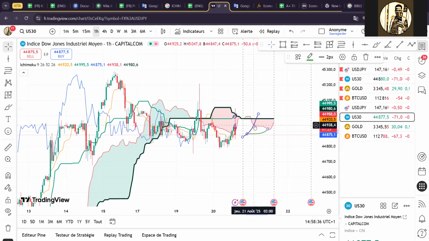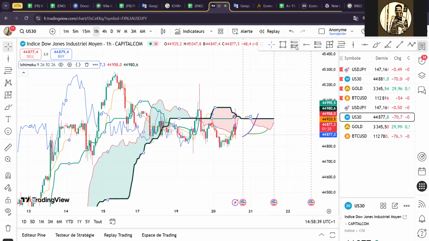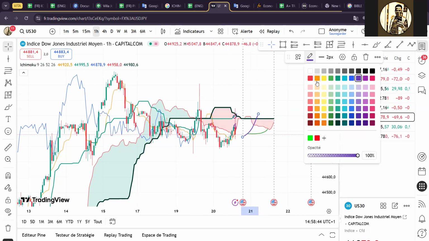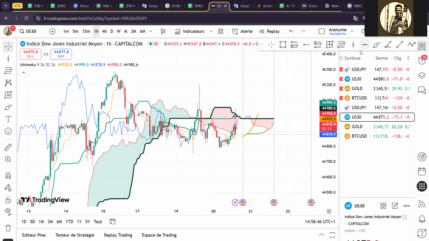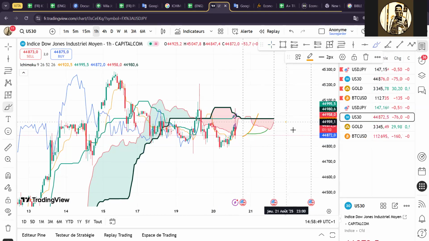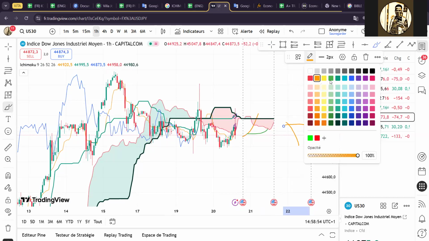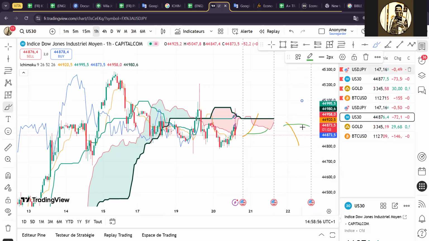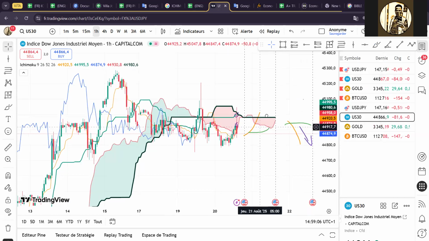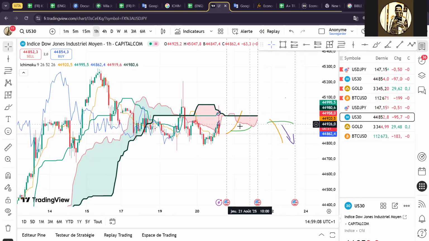It is Kijun that is above Tenkan, for the moment. We don't have this. Instead, we have Tenkan below, Kijun above, like this. And the deep trend is also below. For this, the direction is to the downside. For this TK cross, the direction is to the upside, right?